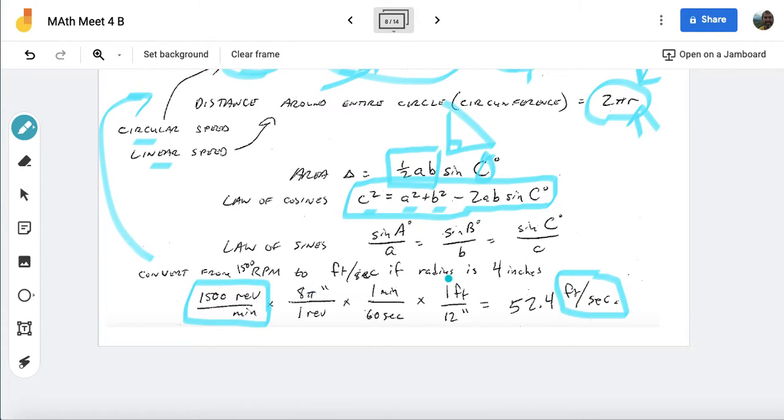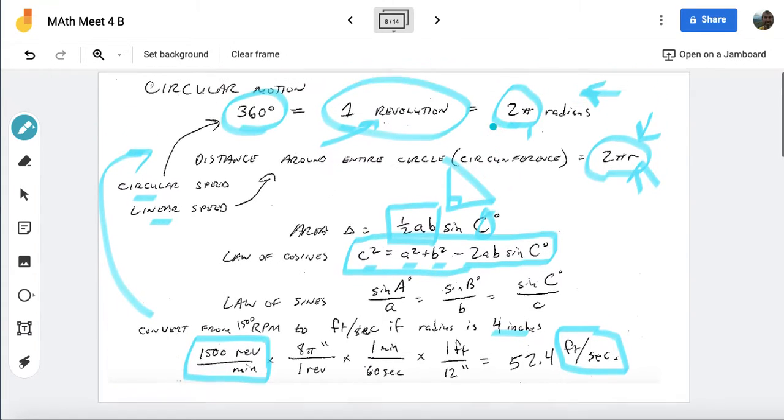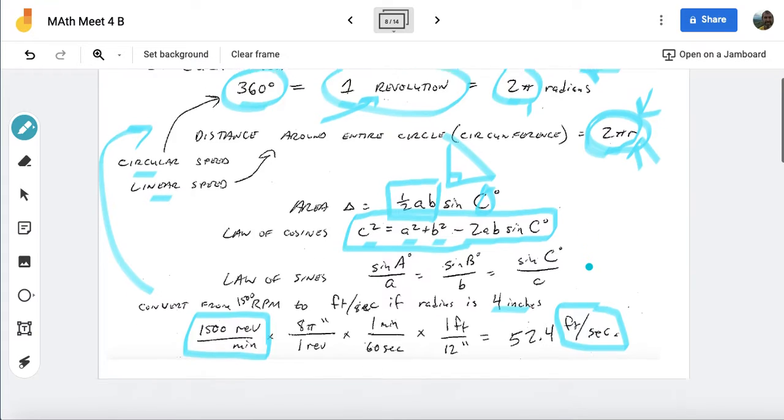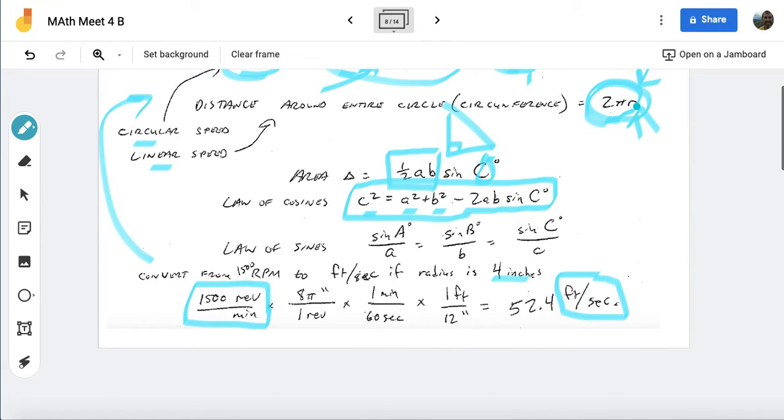And they tell us the radius is 4 inches. So 1 revolution, going back up to here, covers this much distance, 2 pi r. Since the radius was 4 inches, 4 times 2 is 8 pi. So it's 8 pi inches for 1 revolution.